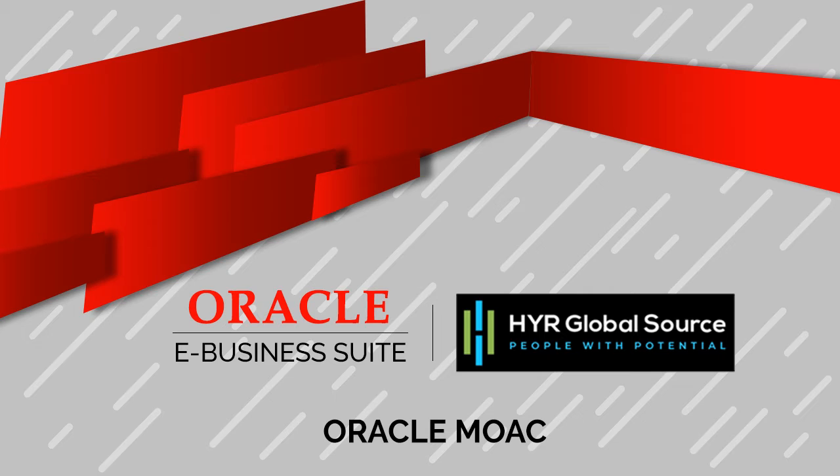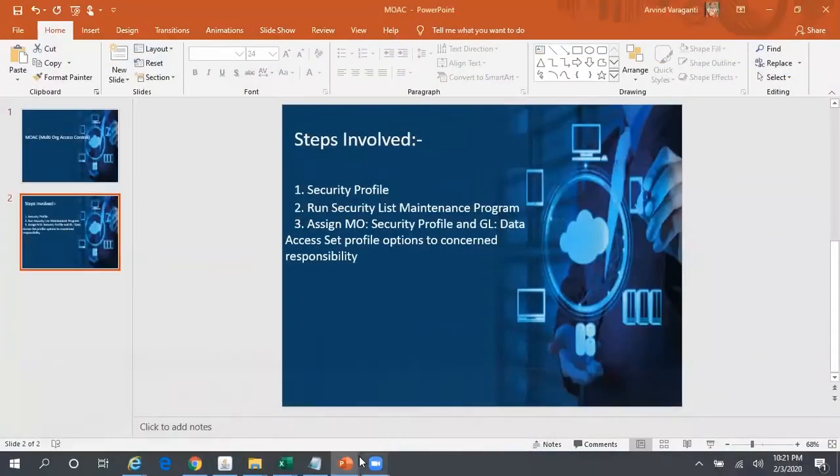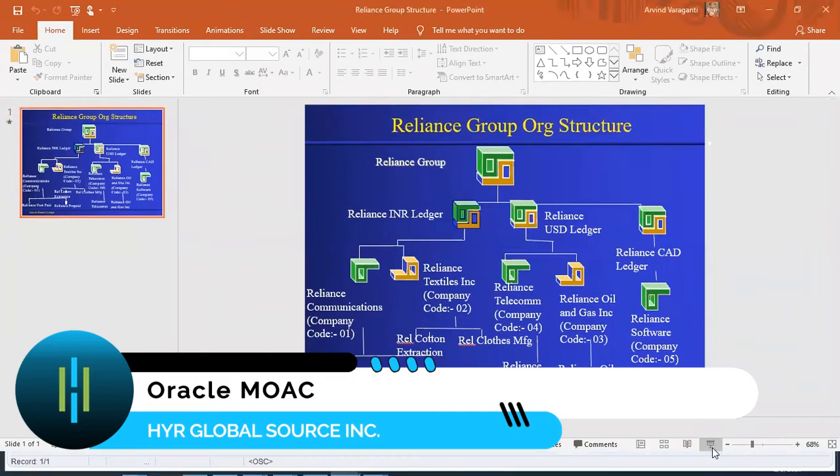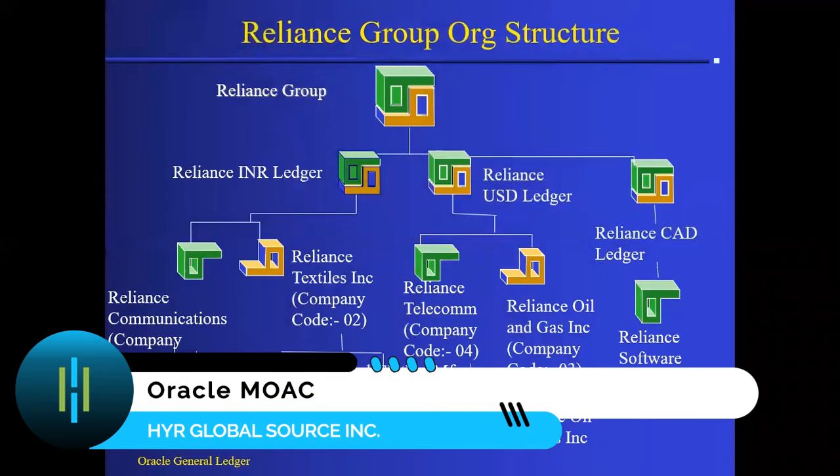The first thing is you need to create something called a security profile to group your operating units so that you can access all those operating units using a single responsibility. I'll take an example. This is my group structure.